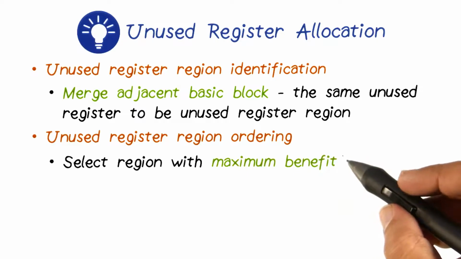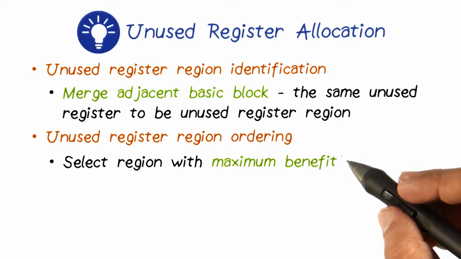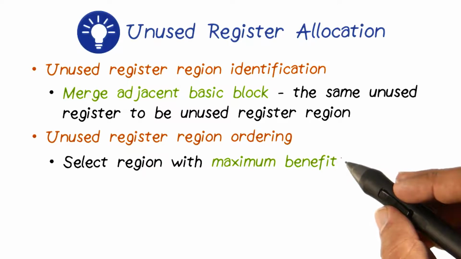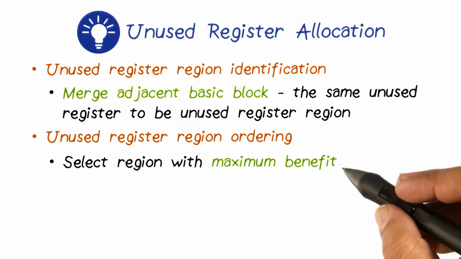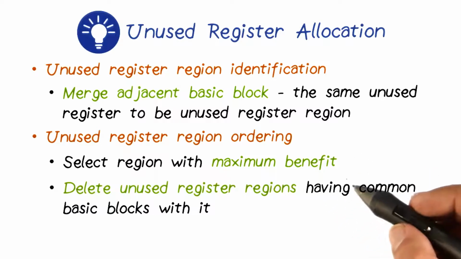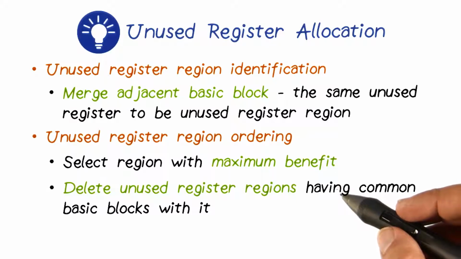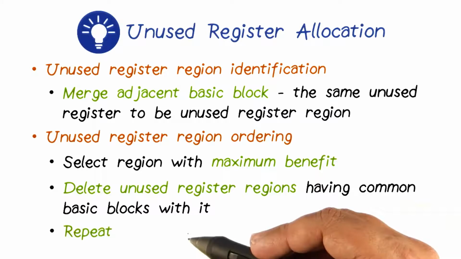So how do we carry out this prioritization? We use a simple heuristic, which is the greedy heuristic. We find the region with the maximum benefit and start giving out the registers in those regions. We then delete the unused register regions that have common basic blocks with it, so they are not allocated in the other regions. And we keep repeating this process.